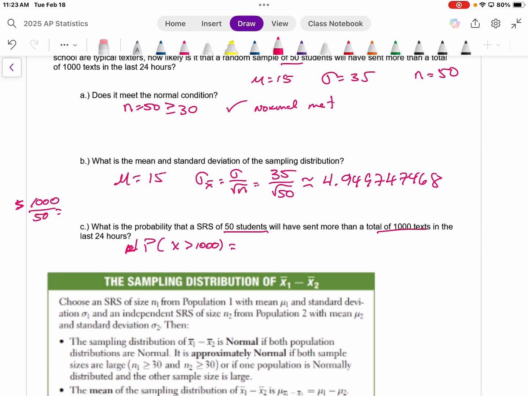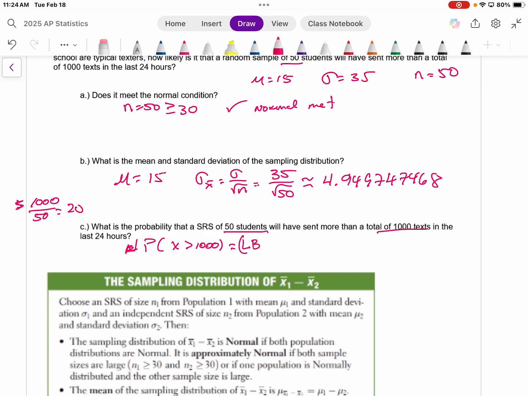It's 20. Okay, so we need that for the lower bound.